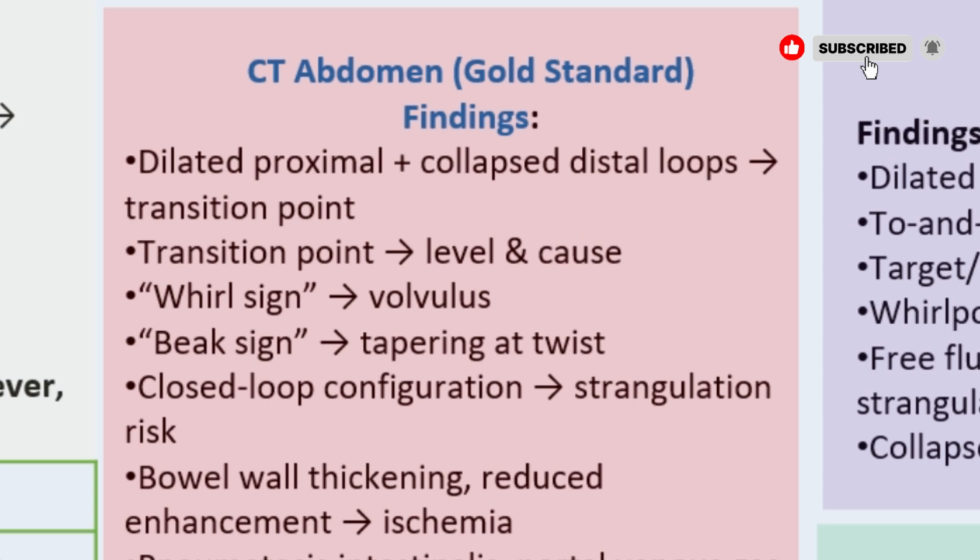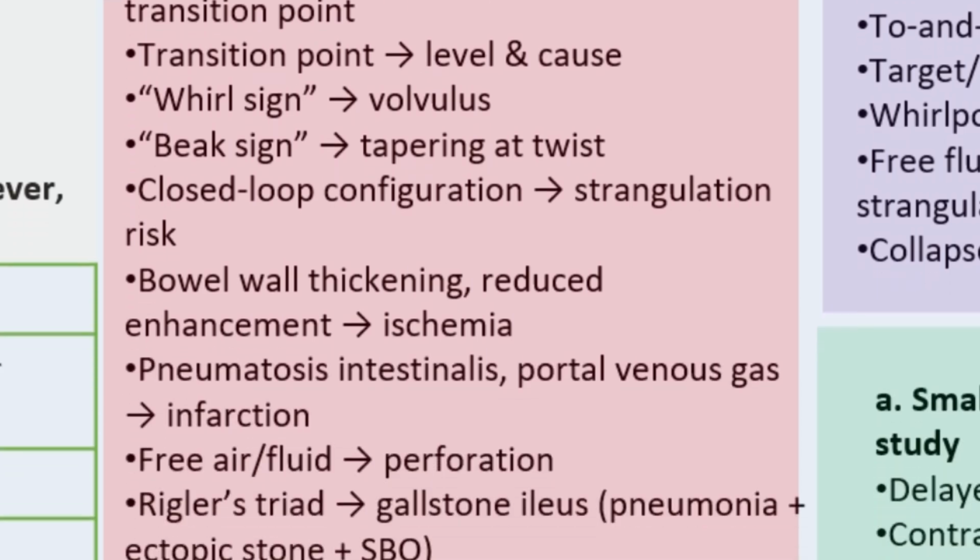You can have things like the whirl sign in volvulus, sigmoid volvulus would have a beak sign, and then you have the closed loop configuration. And whenever we have a closed loop, this is very important because we can easily have strangulation occurring.